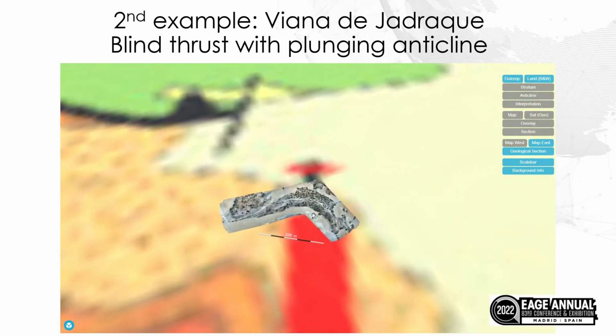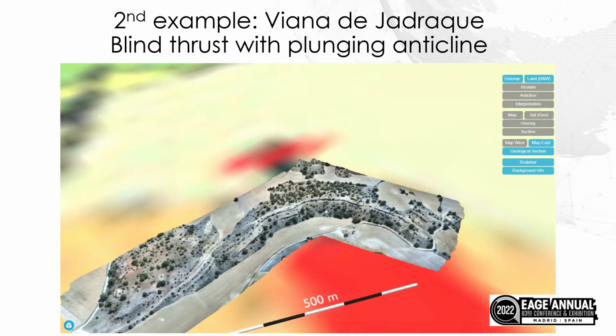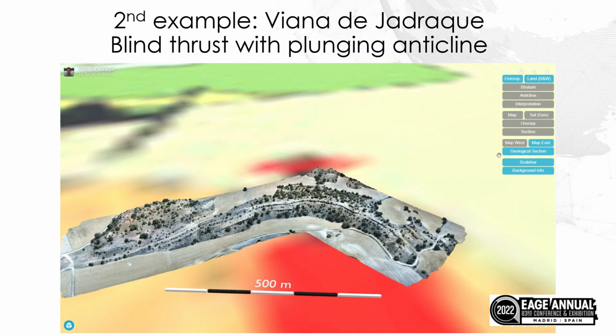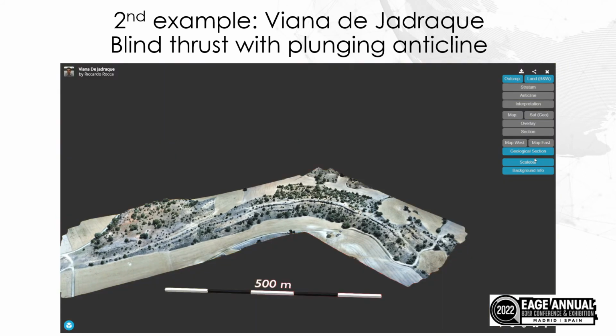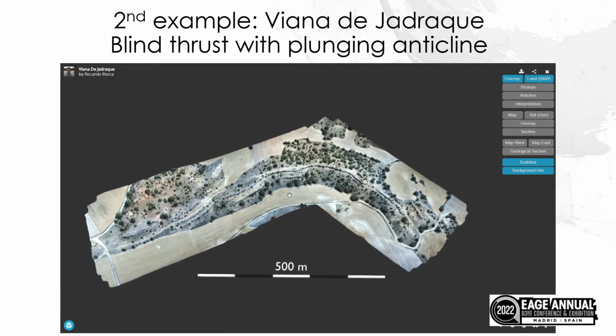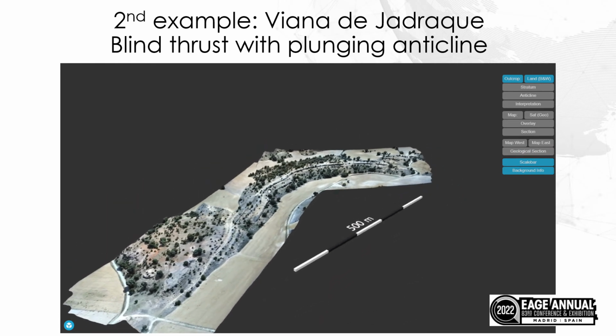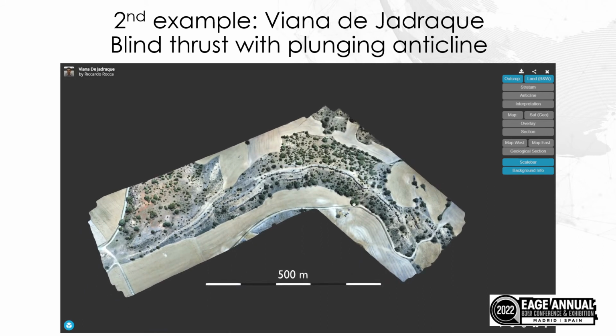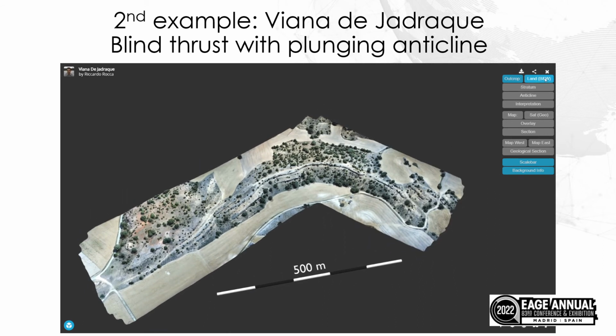And this is the outcrop. As you see, it's a gentle hill with this special form, curved, the shape of a crescent.